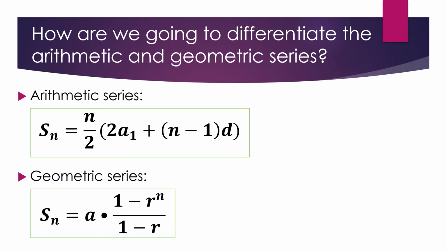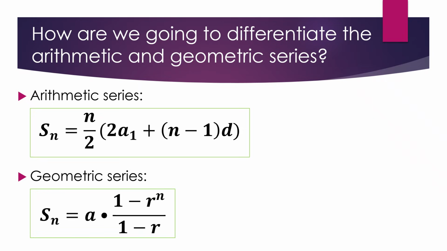So for us to be able to identify which formula we are going to use in a specific word problem. In arithmetic series, we have two formulas, but we're going to use the second one, the longer formula, wherein sum is equal to n over 2 multiplied by the quantity of 2 times the first term plus the quantity of n minus 1 times the common difference.